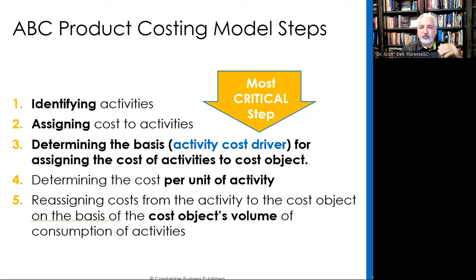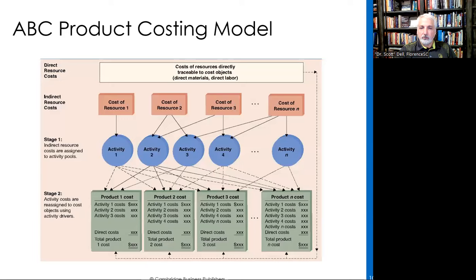Maybe it's a different type of activity. Each activity will have its own cost driver to assign the cost to a cost object. We determine the cost per unit of activity for those subsets, and then we make a total calculation based on the cost object's volume as it consumes those activities. Again, instead of one basis like direct labor hours, we're going to have a whole bunch of different cost objects and cost drivers to calculate.